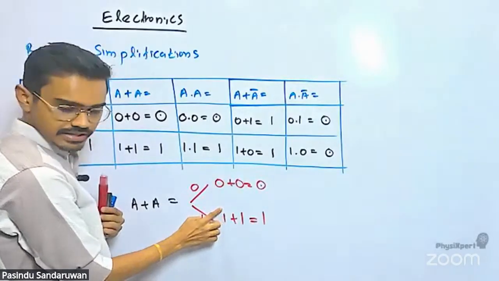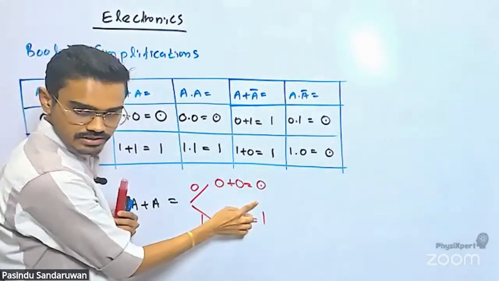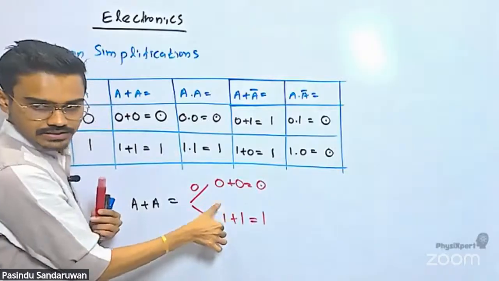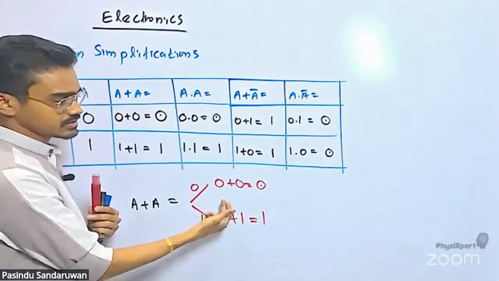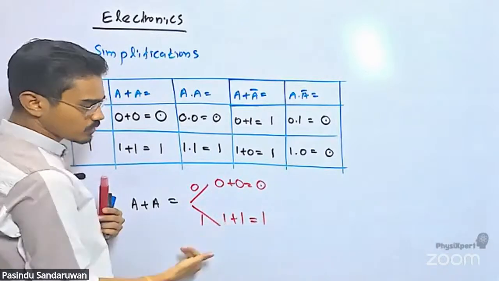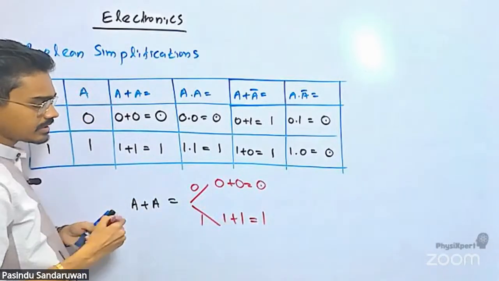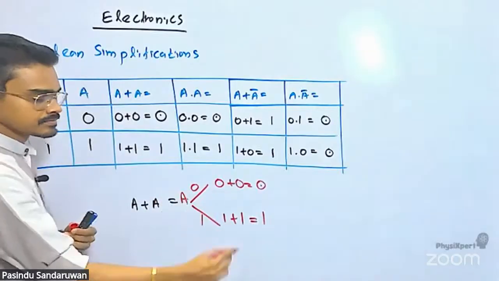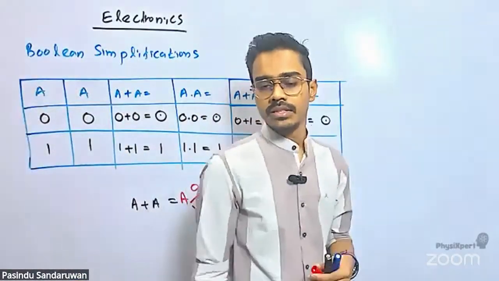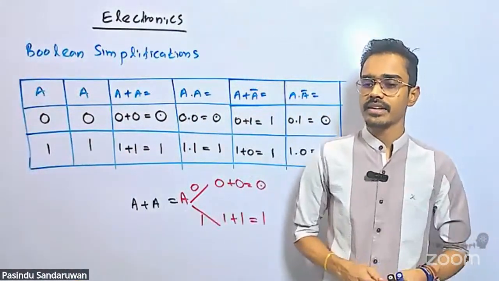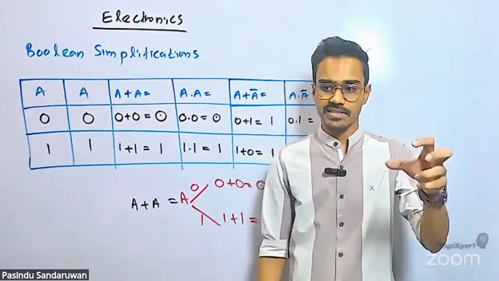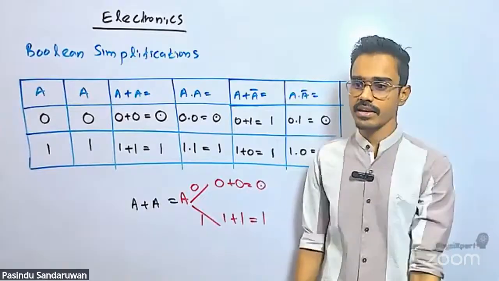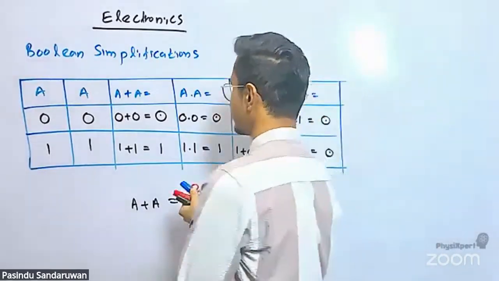When you have 1 here, the answer here is 1. Then if you have A here, the answer should be A, no? If 0 then 0, if 1 then 1. If A is A, then this should be A. Right? So that's how we simplify it here in that Boolean form. A plus A is not 2A, that is A. A plus A means A.